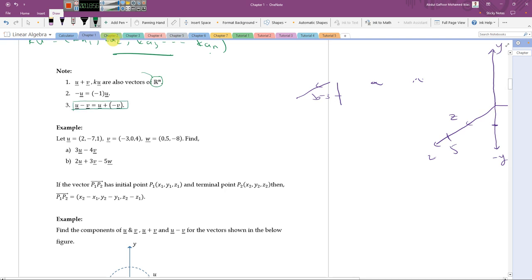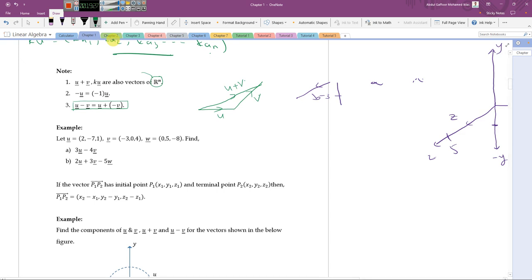What does it say? For example, let's say this is u and this is v, then u plus v will be the vector from the starting point of u to the ending point of v, right? So this will be u plus v. Now u minus v means, now this is u, right? Negative v will be the opposite of positive v.